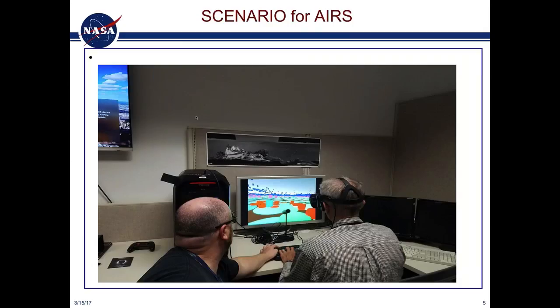So after we did this prototype, we started to explore other applications of VR data and lessons learned making it work for Mars rovers, how we can adapt it to other missions. And so for this one, we talked to scientists on the AIRS mission, and they got very interested in getting their data into the system.